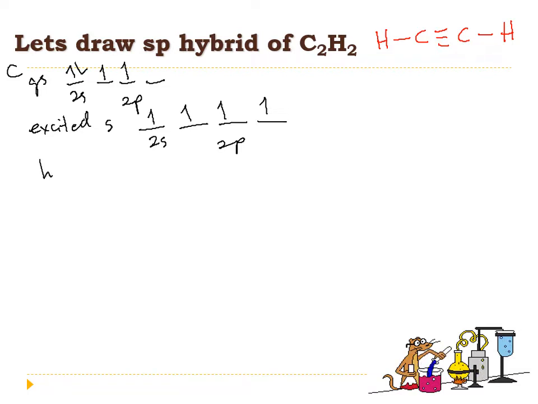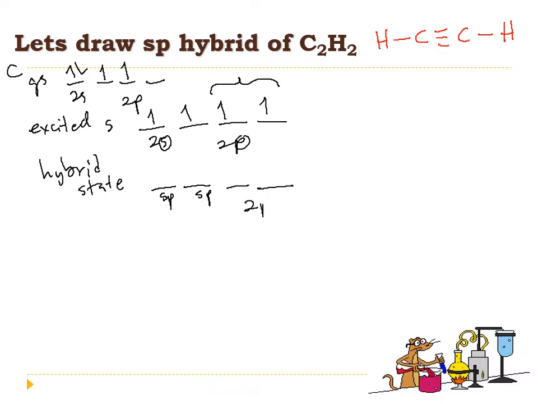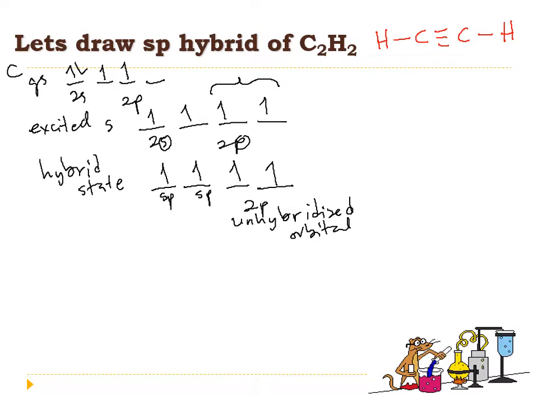And then at hybrid state, you're going to see that the s and p are going to mix and hybridize to become sp hybrid orbitals, and then these 2 electrons are going to stay in unhybridized 2p orbitals. This is the unhybridized orbital. So you have 1, 2, 3, 4 electrons each.